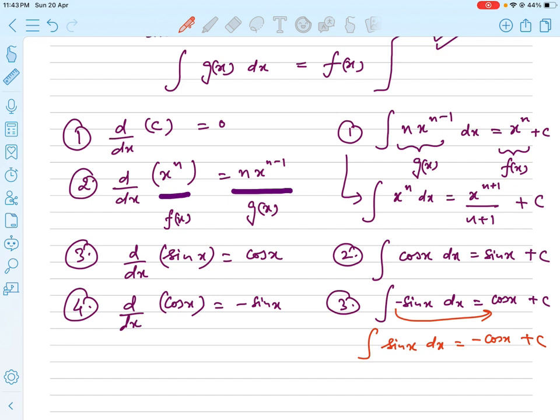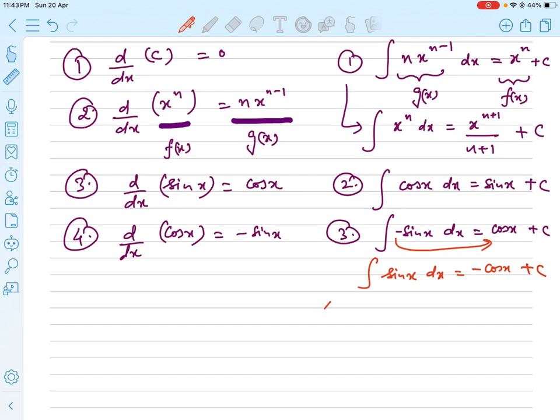Okay, let me give you one more formula which will be useful for our discussion. So that formula here is integration of sine ax dx would be, now see, the difference here is that in the previous step I wrote integration of sine x dx is minus cos x plus c. In this formula number 4, instead of x I have ax.